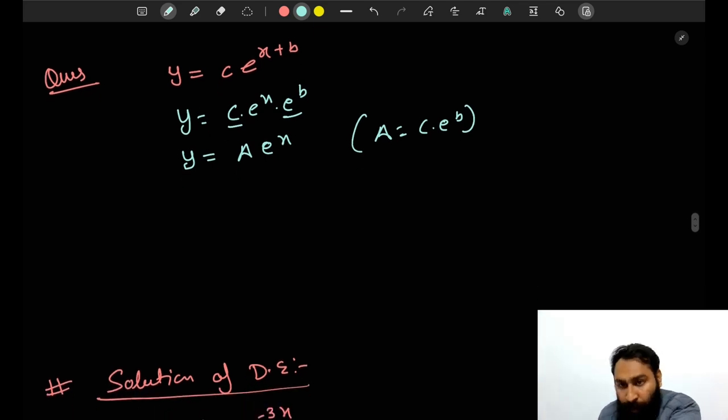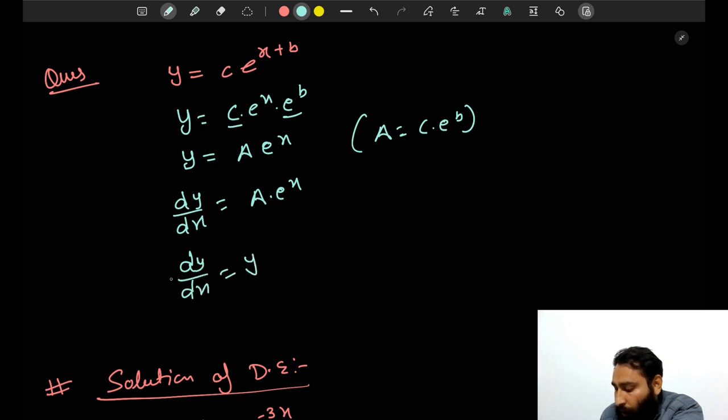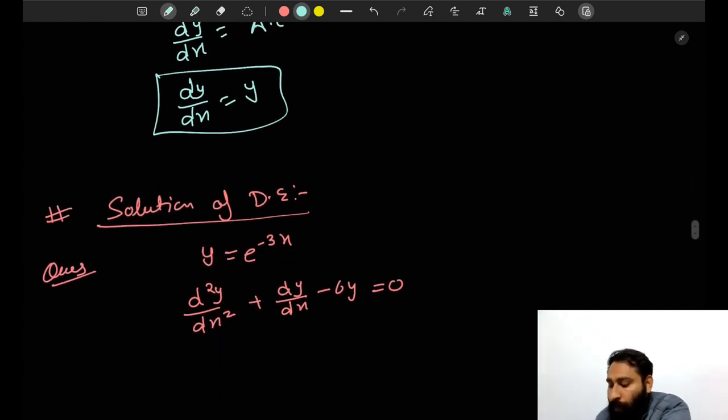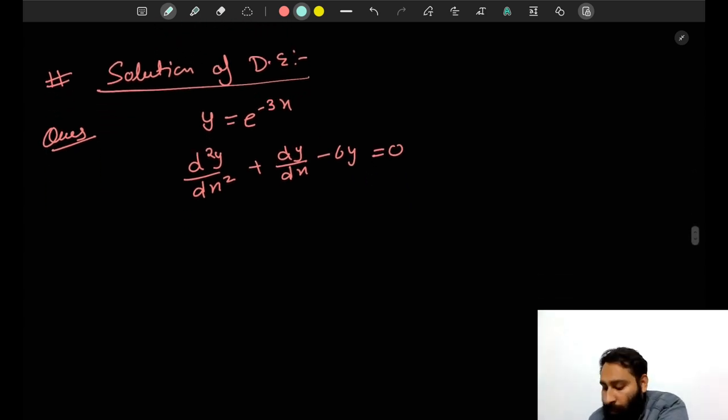Now we differentiate with respect to x, so dy/dx is equal to a into e to the power x, and a e to the power x is equal to y, so we can write dy/dx is equal to y. This is our required differential equation. So it is a method to formulate a differential equation.